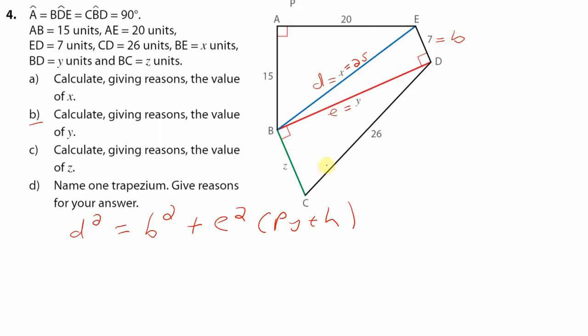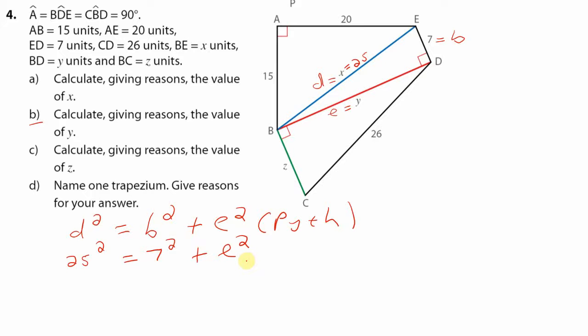So now the next step is to simply substitute. So we replace d with 25. So we have to square 25. Similarly, we replace b with 7. So we have to square 7. Plus e is the one we don't know, so we leave it as e squared.